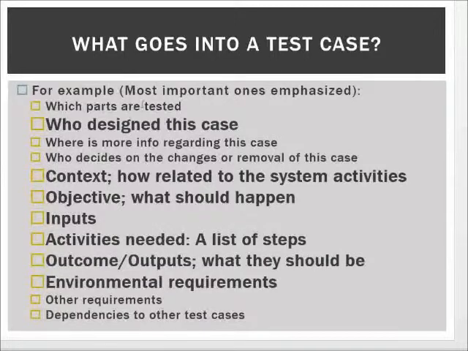Also, other things can be added, like which parts of the system are tested with this case. For example, to battle the problem mentioned in the requirements, that this case tests the database. Okay, so if our test environment doesn't have one available, then we can skip this case for this week.